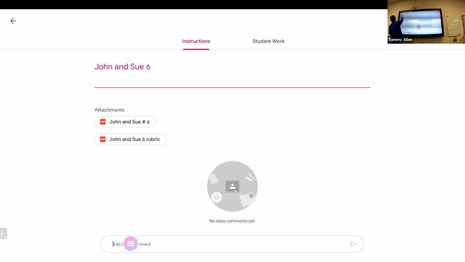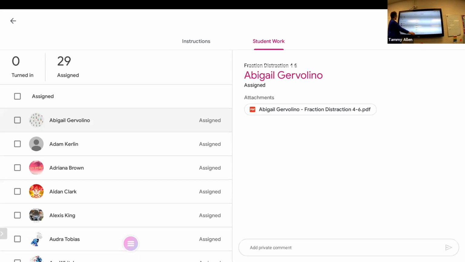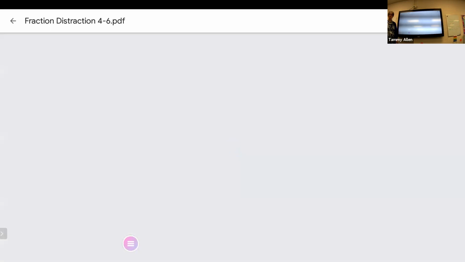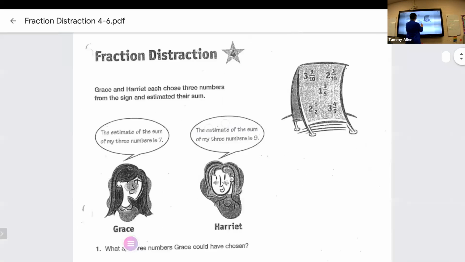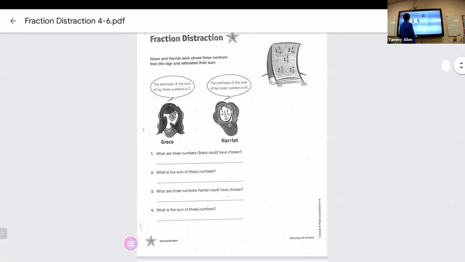Okay. Let's take a look then at fraction distraction 4 through 6, please. We are using the numbers from the board again.